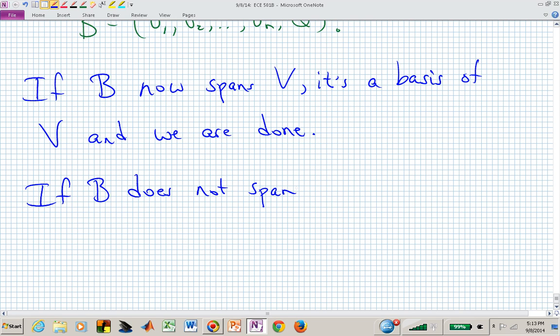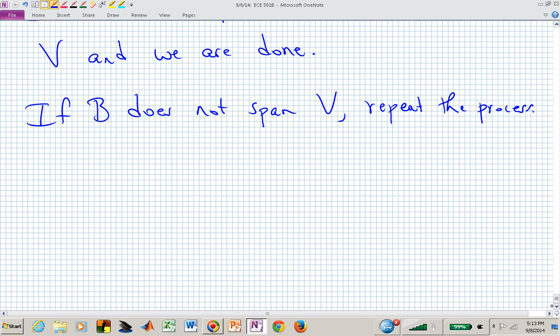If B does not span V, then what do we do? Do it again. We repeat the process. So let's try to just look at an example of that, just so that everybody's on the same page.